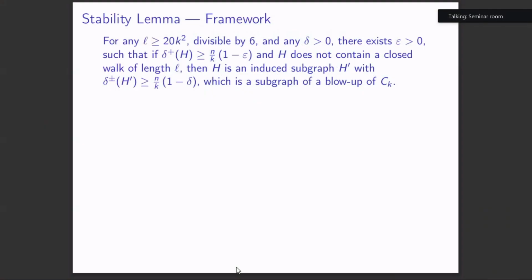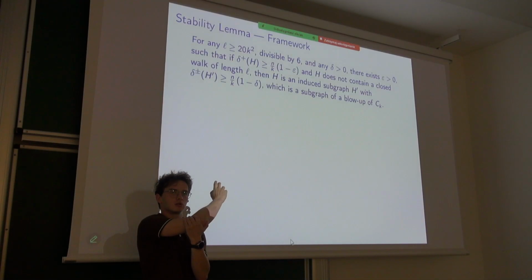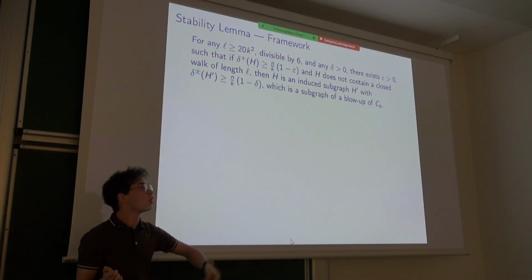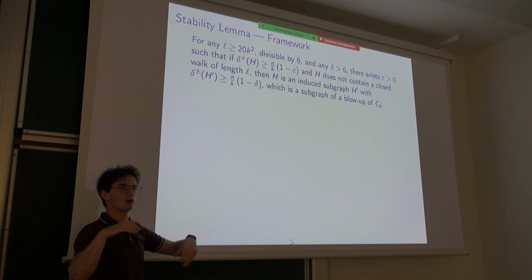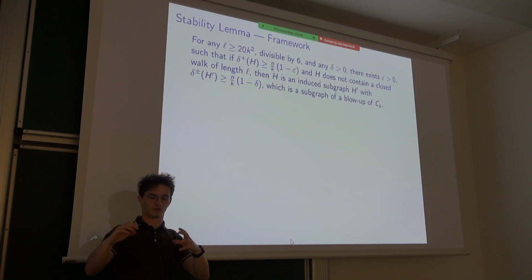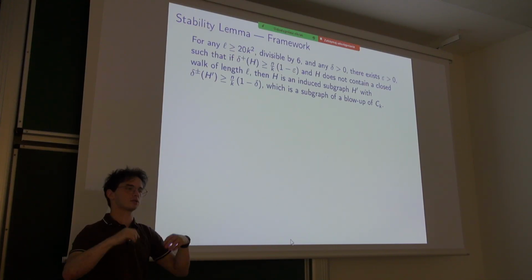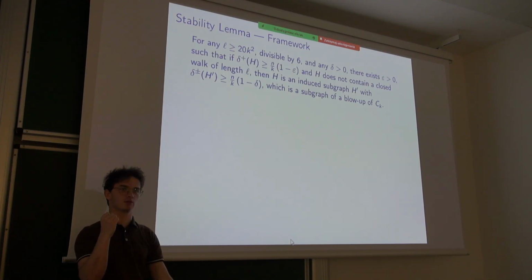Okay. Now, what I was saying before was that we needed something to create a structure to show that the graph is very close to a blow-up of Ck. We will introduce a lemma that has different assumptions. We sacrifice some epsilon n in the outdegree. Okay, so the outdegree is slightly lower, but instead our constraint is way stronger.